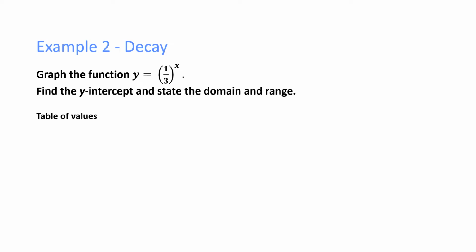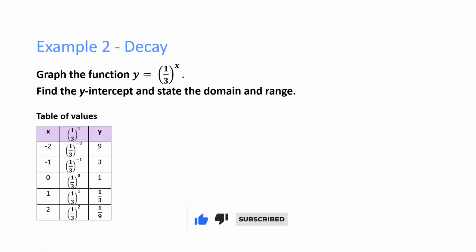In this second example, let's look at graphing an exponential decay function. Again, let's start with a table of values. So we have x equals -2 to 2.